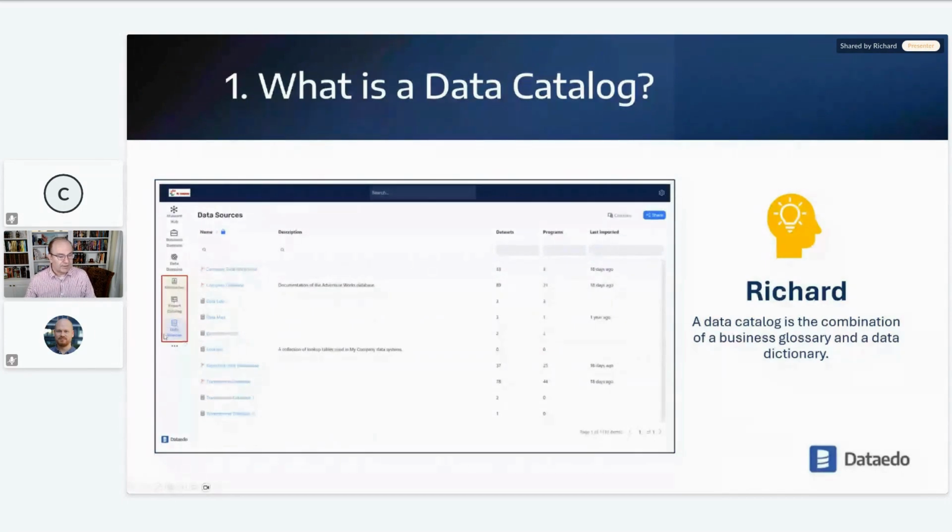Then we have the data sources, which is basically the front end for the data dictionary. That's what we're looking at in the main content area. There is that front end, the entrance point to the data dictionary for the different data sources that we have metadata for. I have included report catalog right here. We're going to talk about that a little bit towards the end of this session.